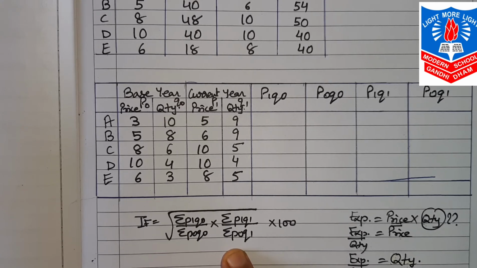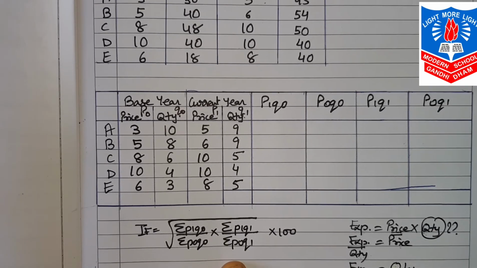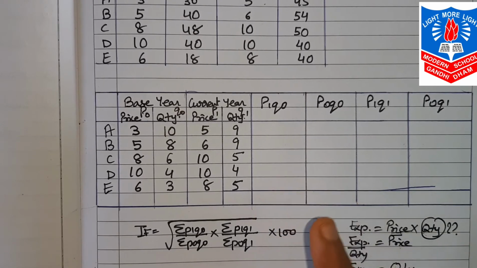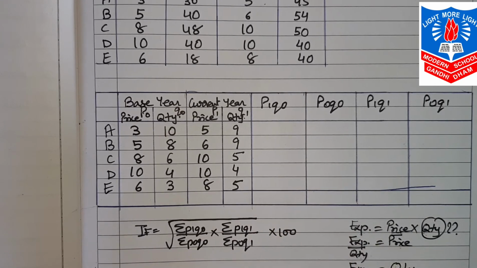Sometimes you can first find IL, then IP, and then IF using IL and IP. That way also you will get the same answer and it is a right method. But I suggest that when only IF is asked, directly put the values in this formula. Your calculations will be less, nothing else.